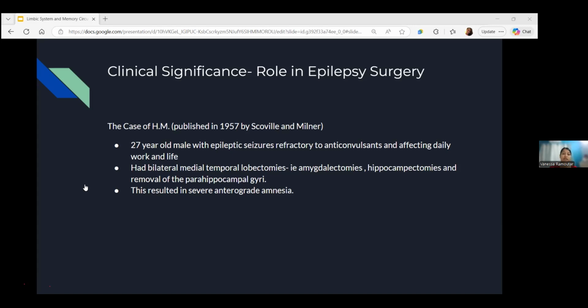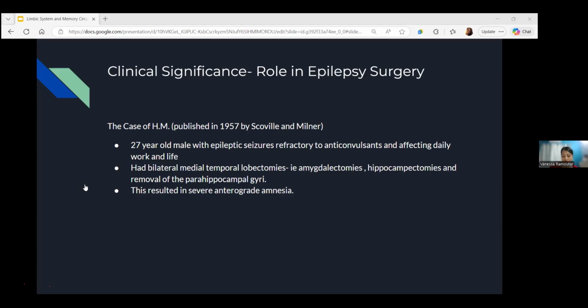He was a 27-year-old male with epileptic seizures refractory to anticonvulsant therapy, and it affected his daily life and work. After he had this procedure, it resulted in severe anterograde amnesia. Within this paper, Scoville discussed, however, that another patient who had unilateral intervention had no lasting memory impairment. He only had temporary memory impairment in the initial postoperative period.